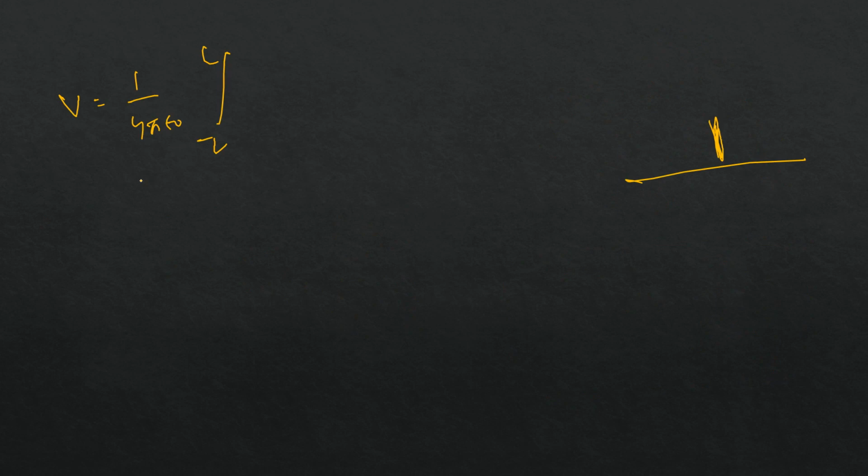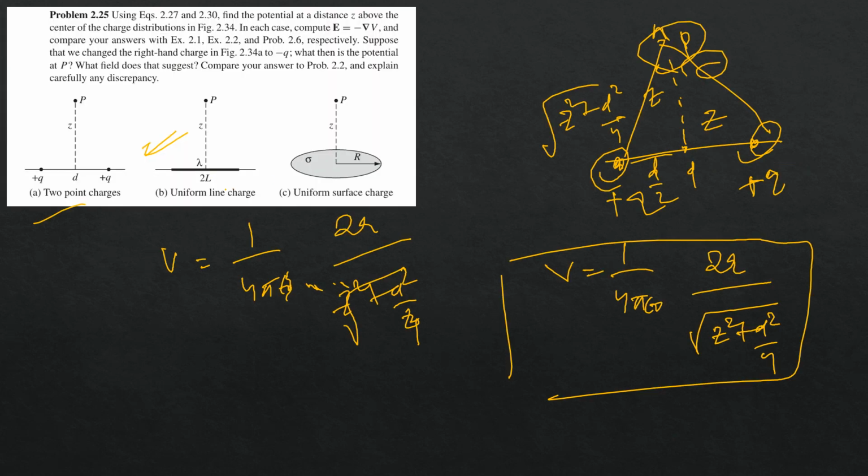So take it from minus L to L, and this one is lambda dx divided by the square root of z square plus x square. Again the same thing, z square plus x square, because this is the distance. This is z, this is x.